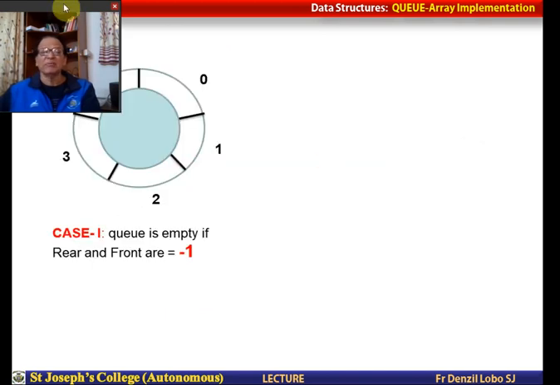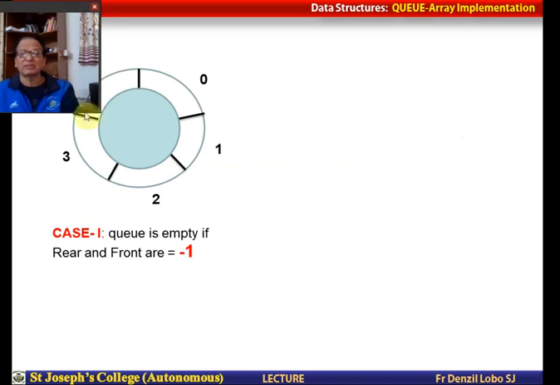So let us see now. We'll take some cases as you see here: 1, 2, 3, 4. So case 1 is Q is empty. That means rear and front are equal to -1. So then what do I do? Then I say front and rear are equal to 0.